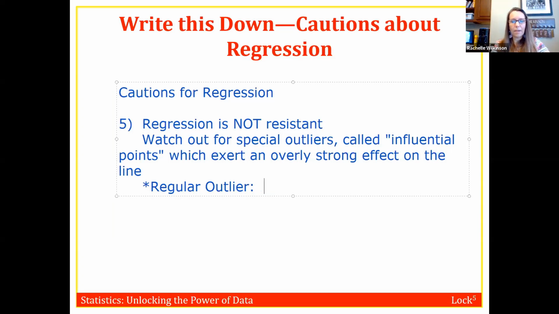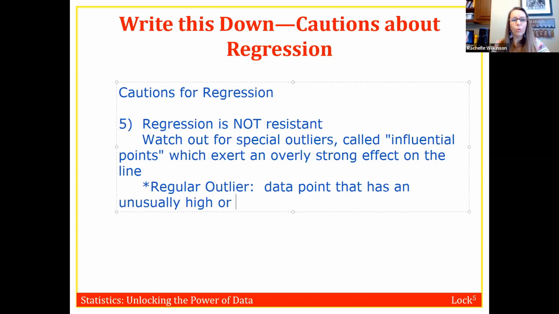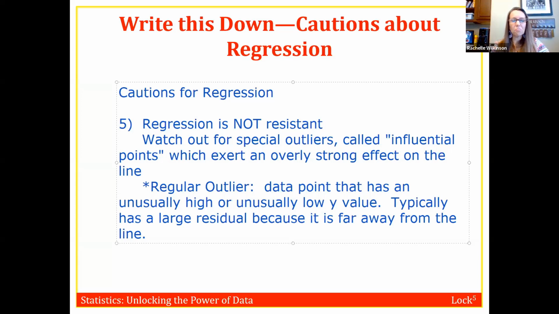So it's a data point that has an unusually high or unusually low Y value. Because of that, a regular outlier is typically going to have a large residual because it's going to be far away from the line. Okay, so those are going to be our regular old standard outliers.